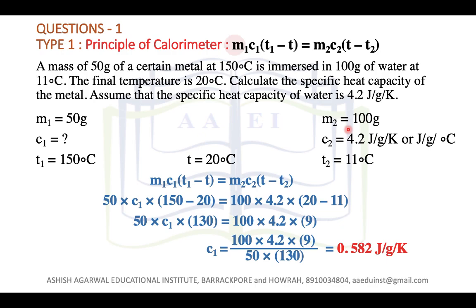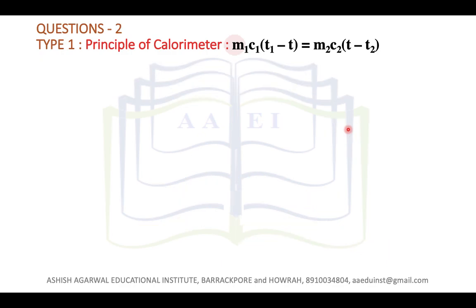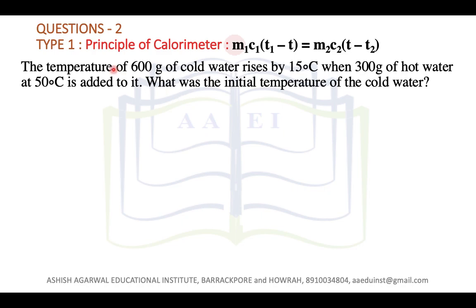We'll take another question on this. Again we can see the question number has changed, but the type is the same. Let us see what is the problem. We have 600 gram of cold water and the temperature rises by 15 degrees Celsius. That means they have not given us the initial temperature of the cold water. They tried to make the question a little complicated, but we'll see how we deal with this.